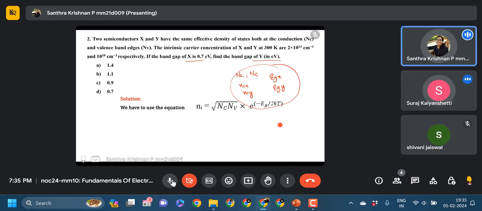So can you write down the equation for Ni of X and Ni of Y, and then cancel out terms? You have to write it two times and then take their ratio, Nix by Niy.